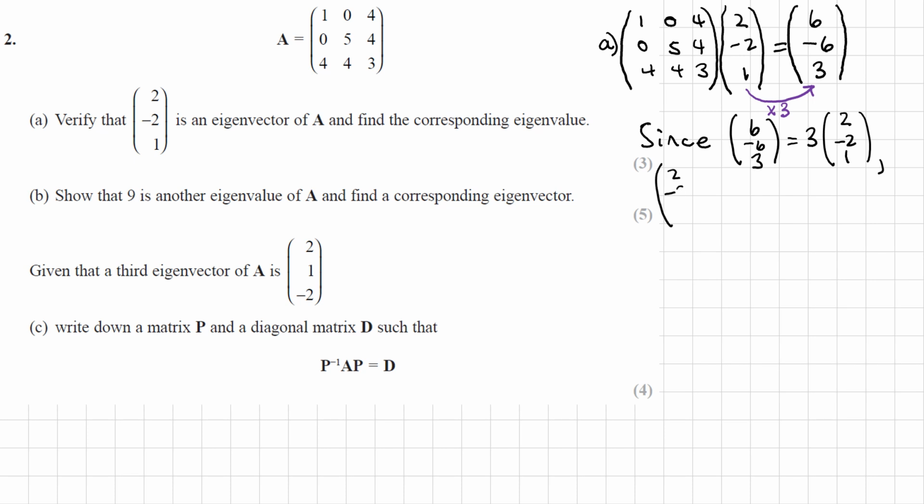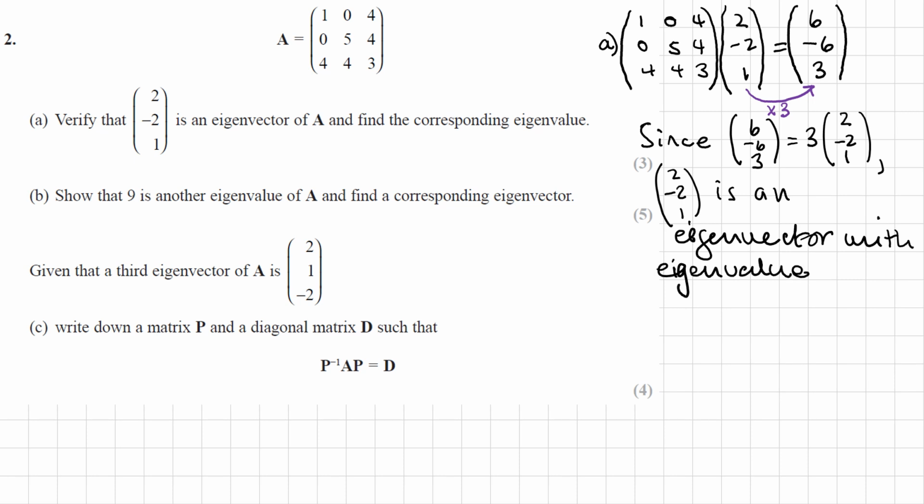So 2, minus 2, 1 is an eigenvector with eigenvalue equal to 3.